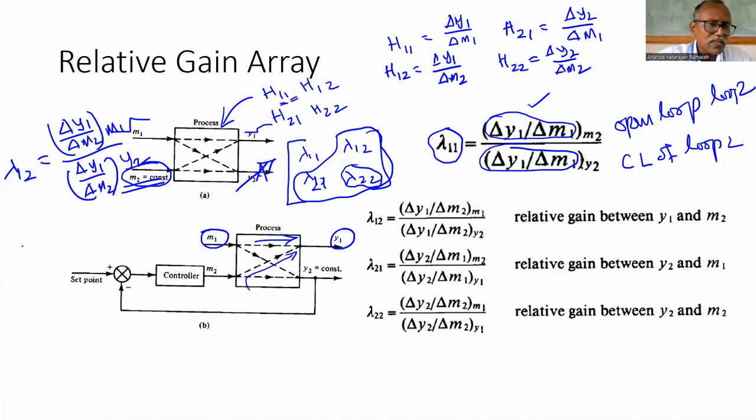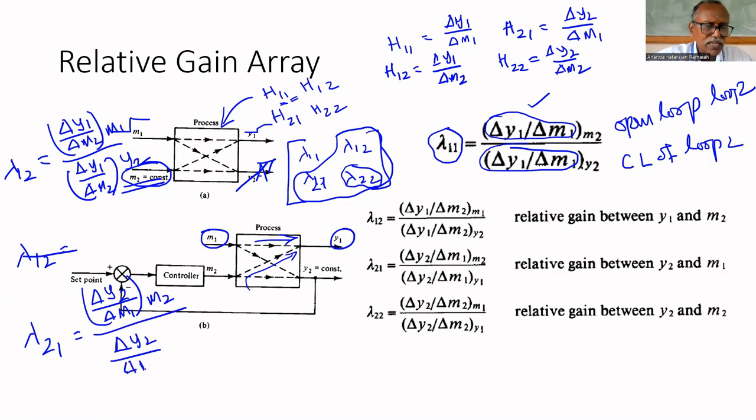What is lambda 21 equal to? Change in Y2 for change in M1, keeping M2 constant, divided by change in Y2 for change in M1, keeping Y1 constant.